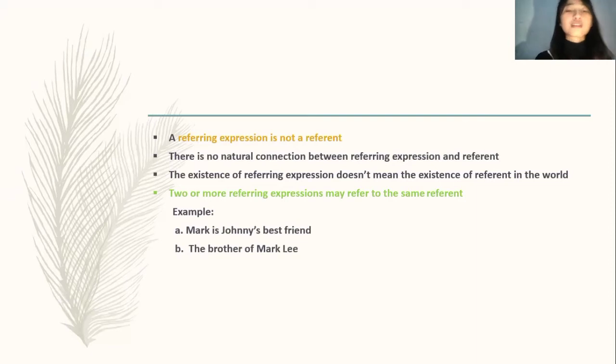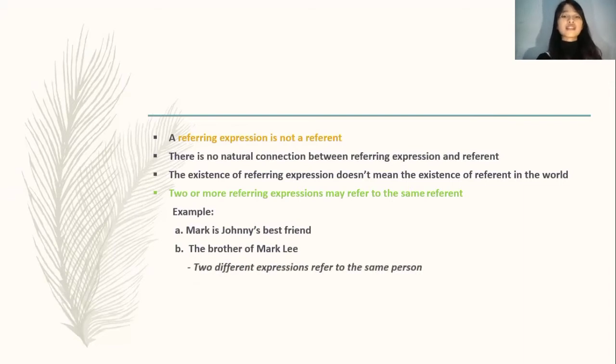A, Mark is Johnny's best friend, and B, the brother of Mark Lee. These two different expressions refer to the same person, Mark. These two sentences talk about Mark.